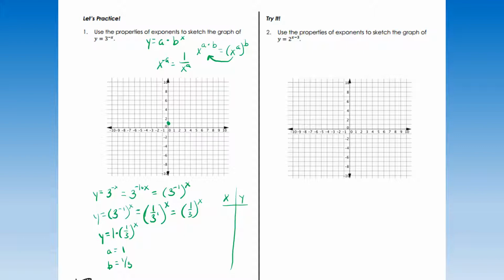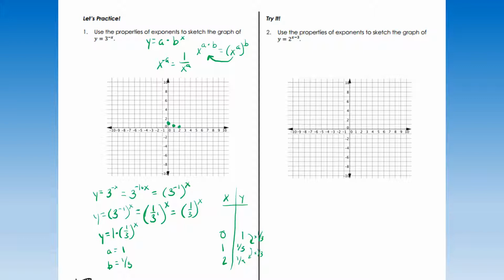So when x was 0, y was 1. My common ratio is 1/3. So as I move forward on x, I do 1 times 1/3, which would be 1/3. So when x is 1, y is 1/3. And we go again, times 1/3 would give me 1/9. So my next term is 1/9.